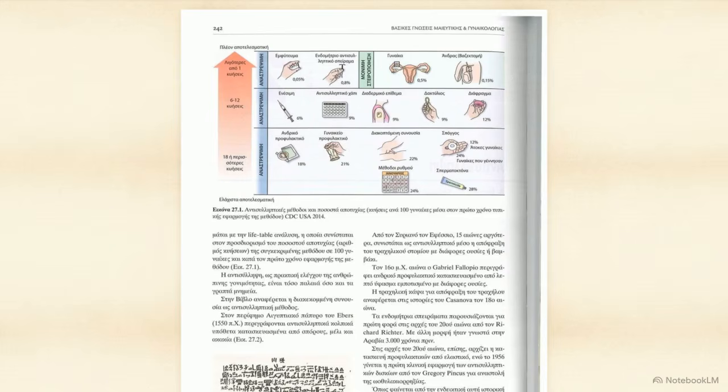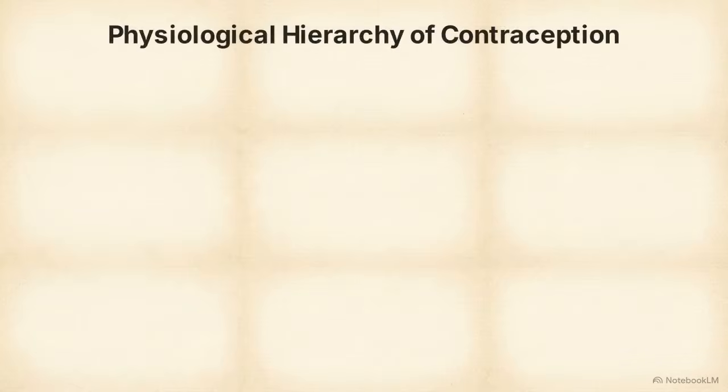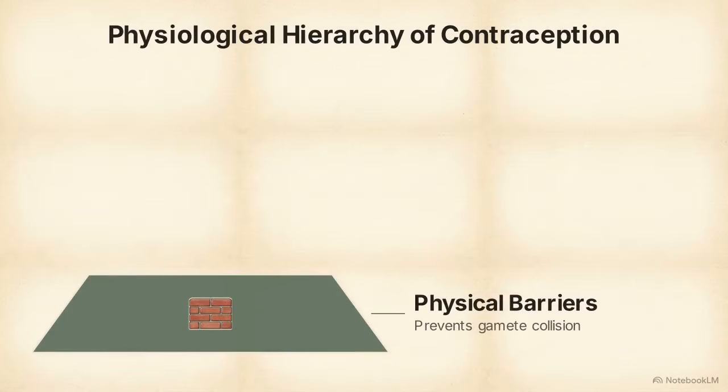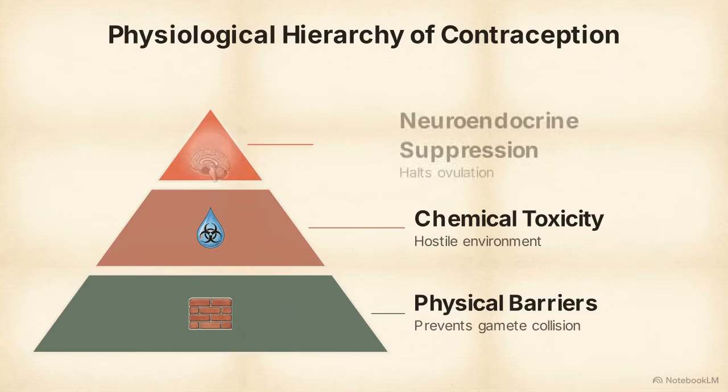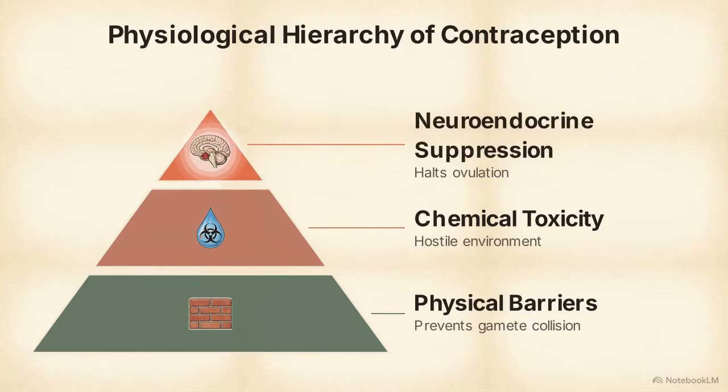Moving from the bottom to the top of this chart, we progress from the least to the most effective clinical options. This hierarchy serves as our structural roadmap. Each tier corresponds to a different physiological intervention point in the reproductive cycle, starting with physical barriers against gamete collision, advancing to localized chemical toxicity, and peaking at the absolute suppression of the neuroendocrine axis.